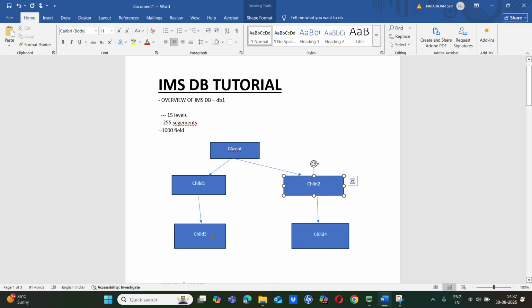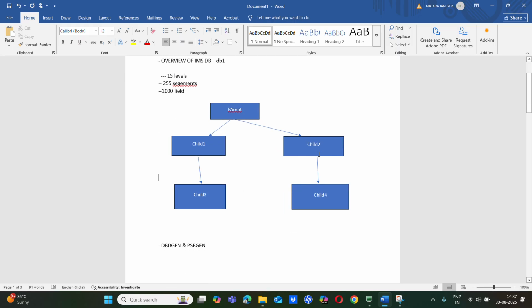Child 3 and child 4 are called level 3. If child 2 has another child segment, that will also be in level 3, and level 4 would be below that. So take it as levels starting from the parent. This is how the structure is.